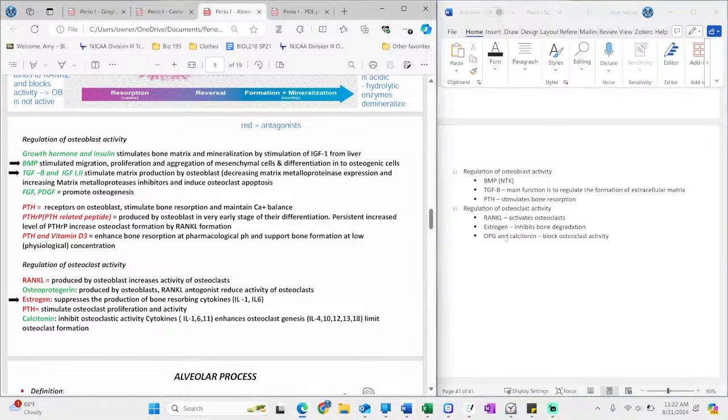For example, if you want to regenerate the PDL, and for that you are going to need to regenerate bone, you are going to use a membrane rich in collagen, which is going to help the migration of fibroblasts to recreate the actual PDL, but also BMP because it's going to help the production of bone.